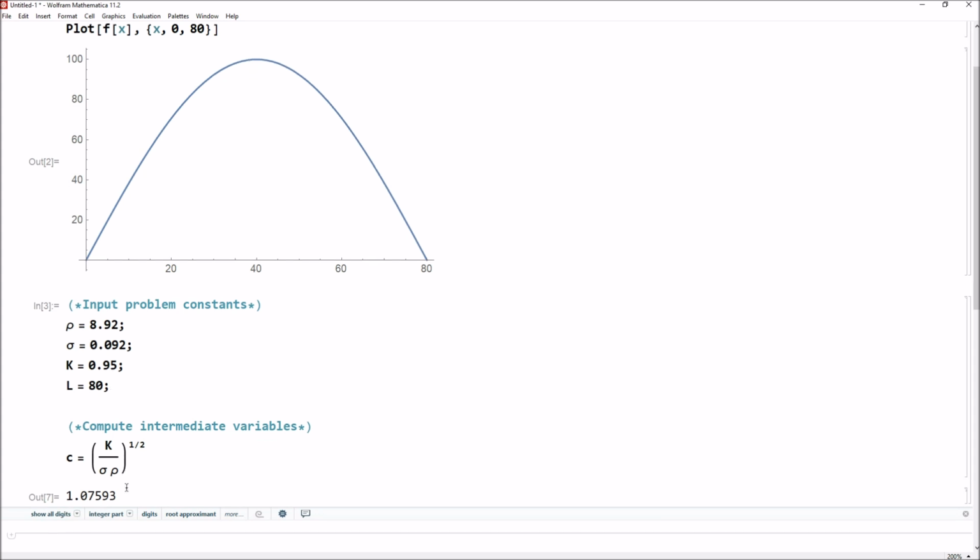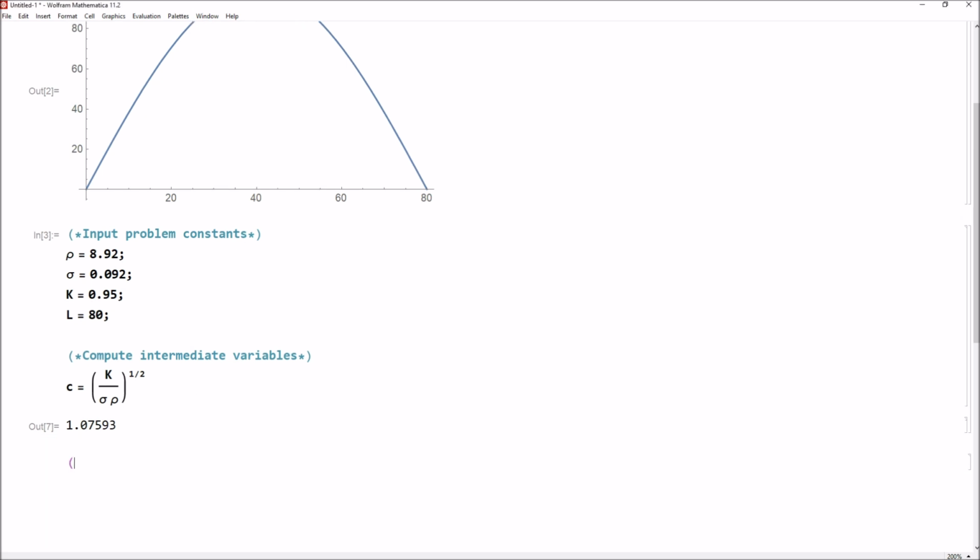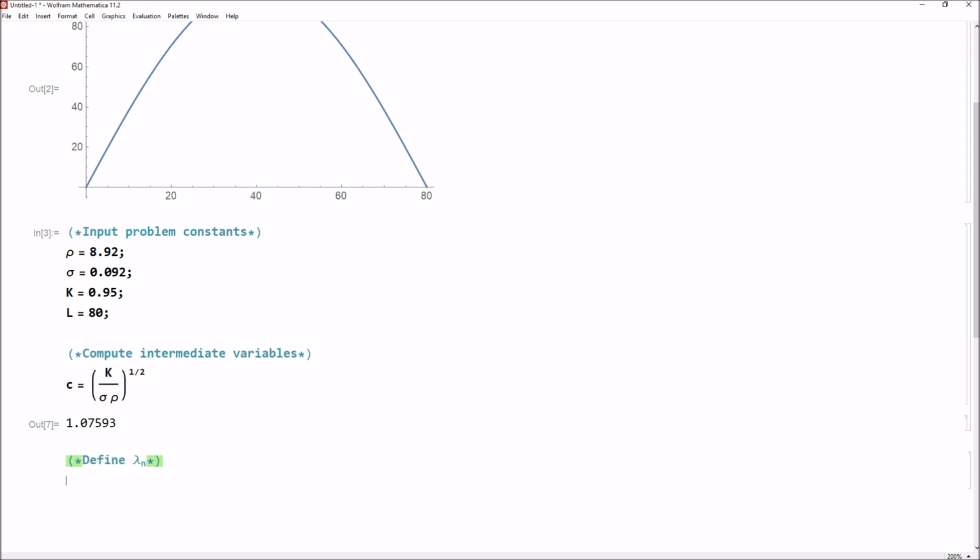Okay, so in this case, the C parameter is some machine number, 1.07. All right, so now that we've got this C number down, I think what we can go ahead and do is get ourselves our eigenvalues here. So let's define lambda n. I think we said our lambda n as a function of n here was C n pi over L, right?